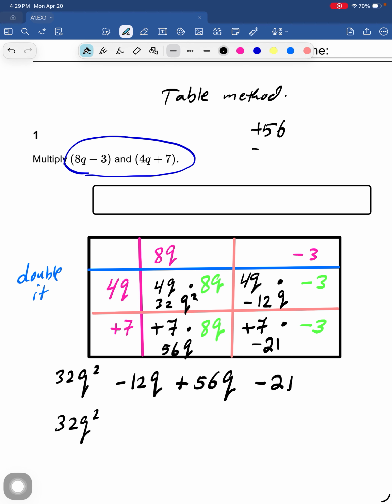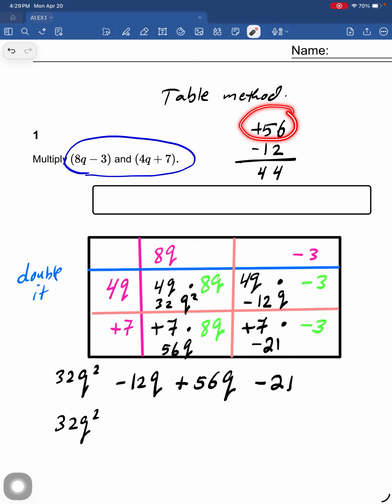Now subtract 12. 6 minus 2, which is 4. 5 minus 1, which is 4. The bigger number is positive, so the answer will be positive. So the answer will be plus 44.